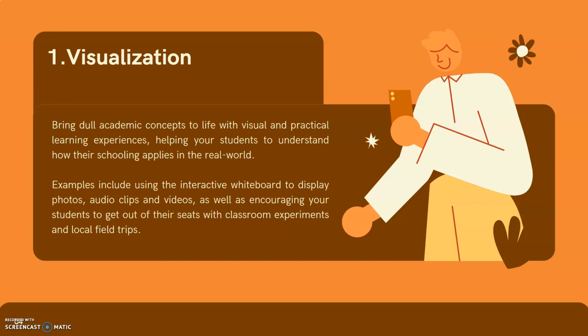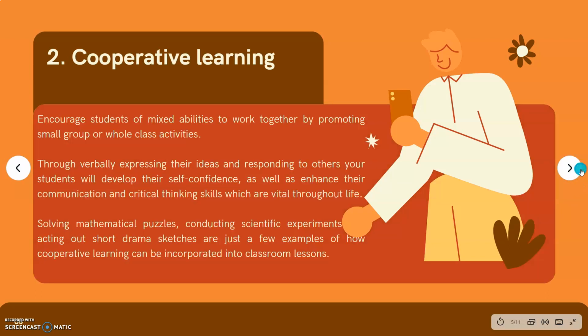So here, as teachers, we can create multimedia, pictures, posters, infographics, and also videos to encourage your students to get out of their seats with classroom experiences and call the attention of our kids.